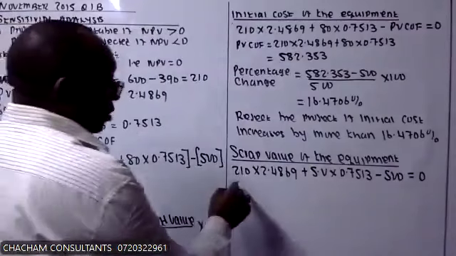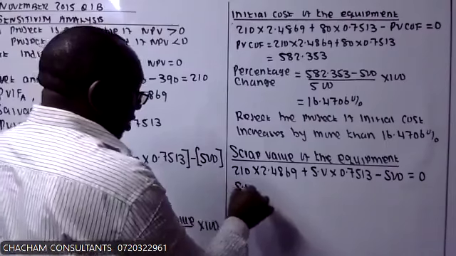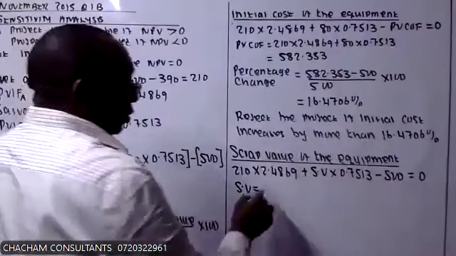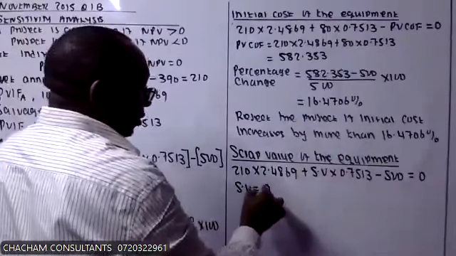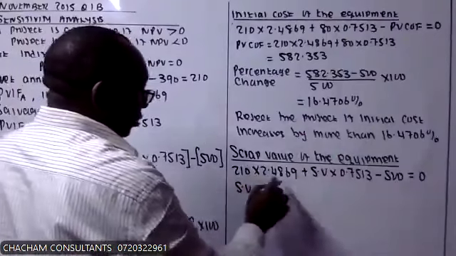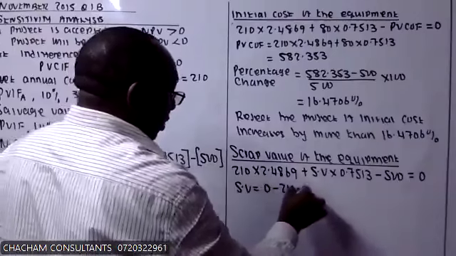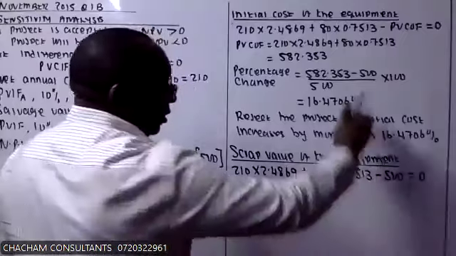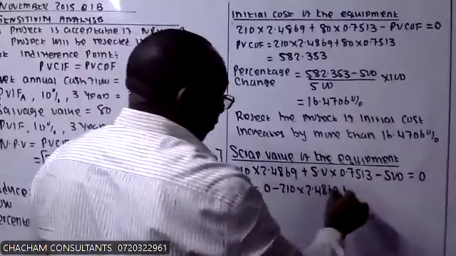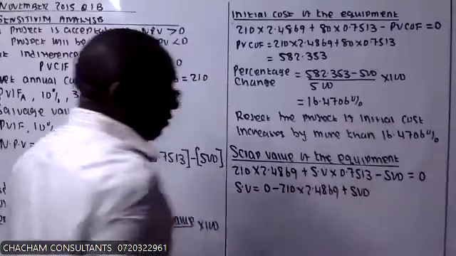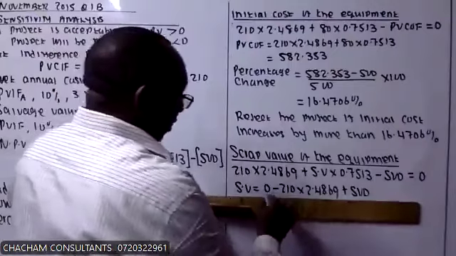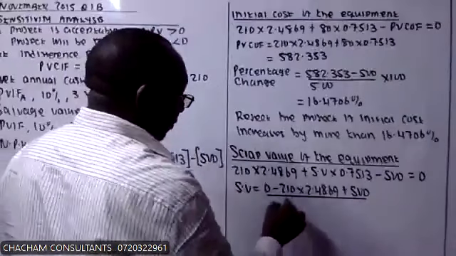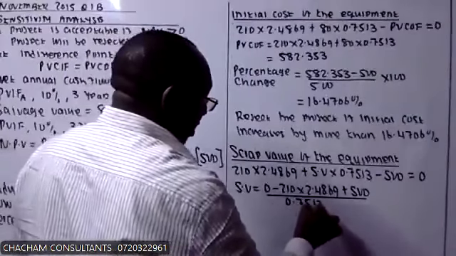So if we want to be left with scrap value on its own, I hope you can see that. Hii itaenda ile side. So we will have 0 minus hii 210 times 2.4869. Na hii nayo ikiruka huko, it will become positive. So plus 500. Alafu sasa hii ikuje divide everything by 0.7513.